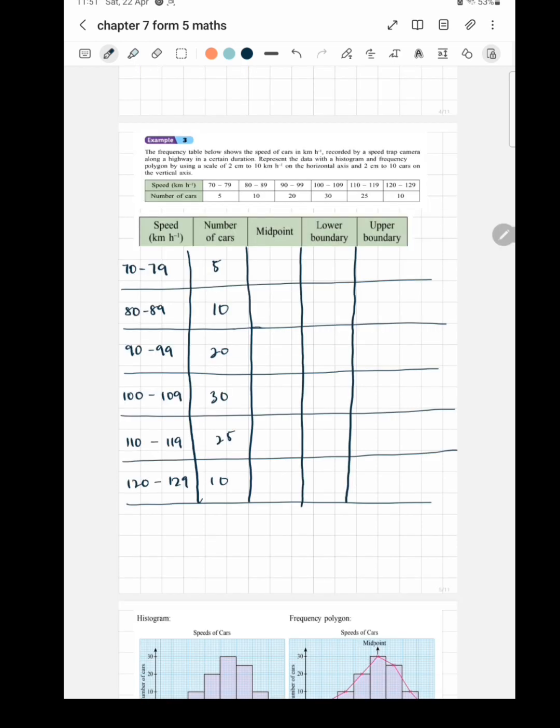So I've gone ahead and constructed the table, adding the classes and the frequency based on the given diagram here. So I'm going to do the midpoint for the first class.